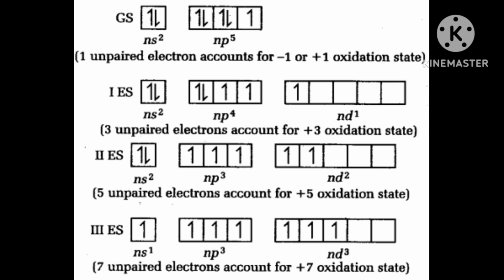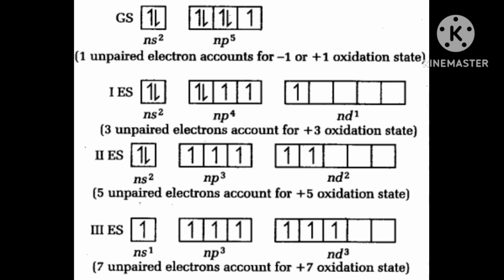This one unpaired electron accounts for the -1 or +1 oxidation state. It can also take 1 electron, and then it will become 2.